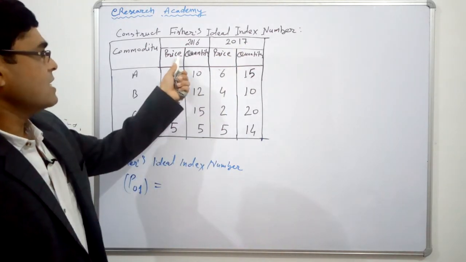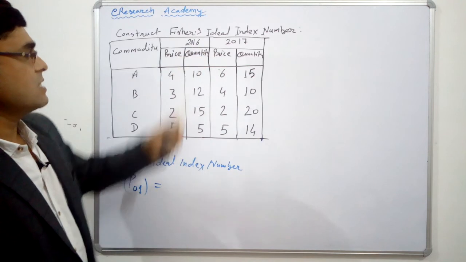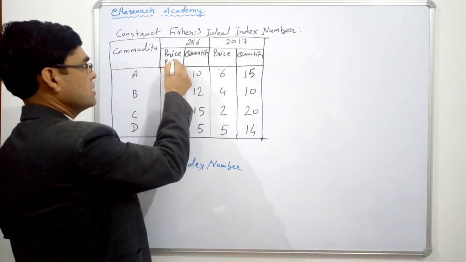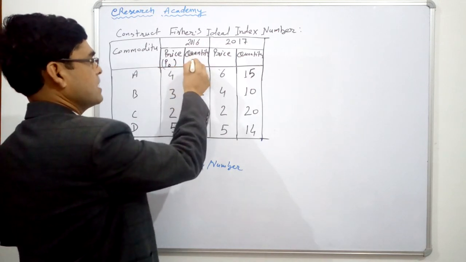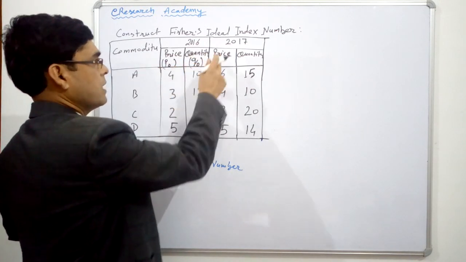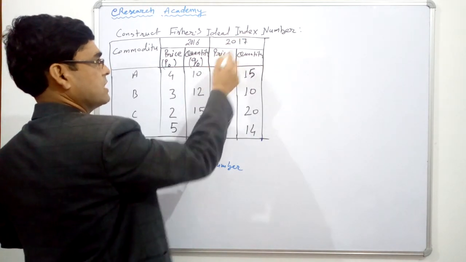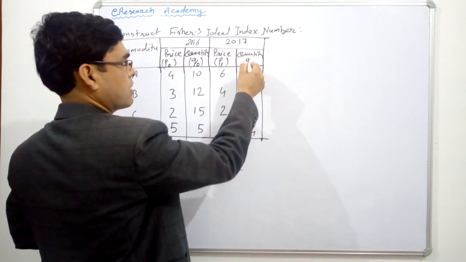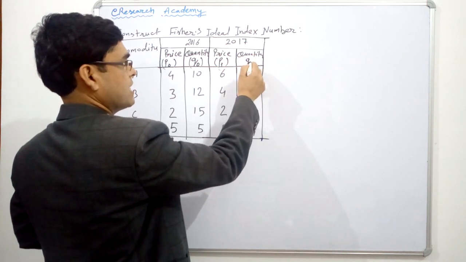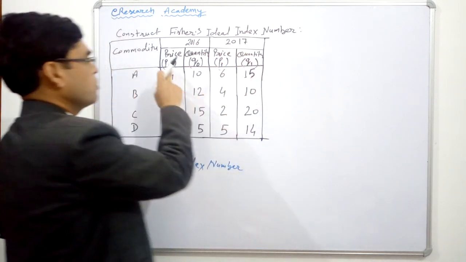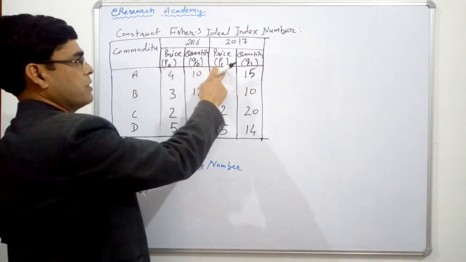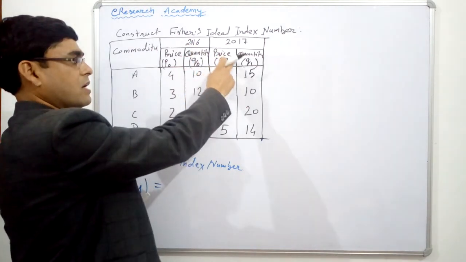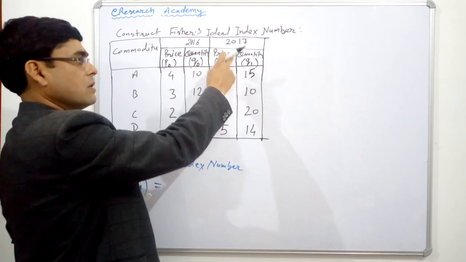Price and quantity for 2016, the base year, are denoted with 0, so they are P0 and Q0. Price and quantity for the current year, 2017, are P1 and Q1. For base we denote P and Q as sub 0, and for current as sub 1.